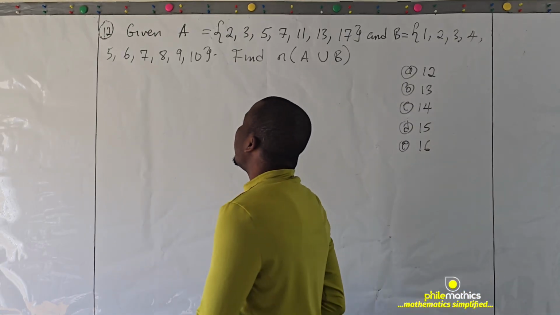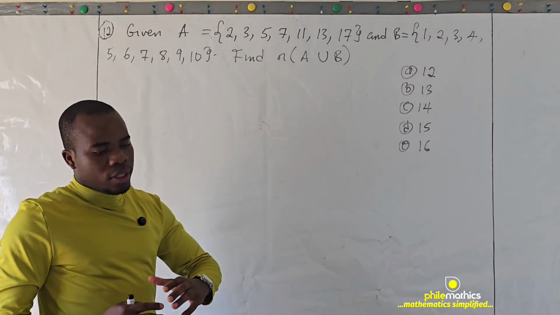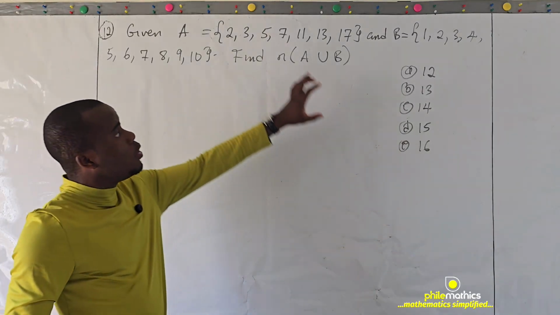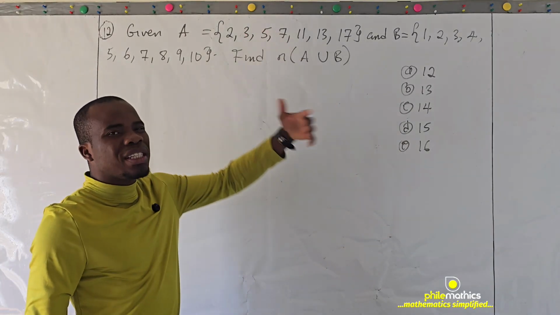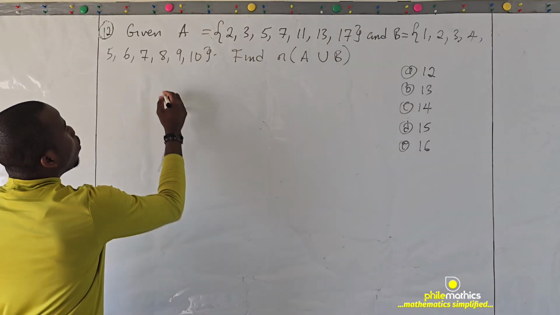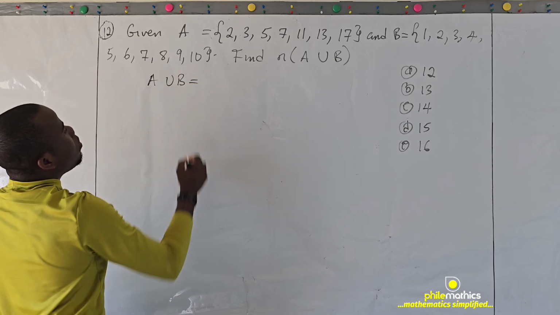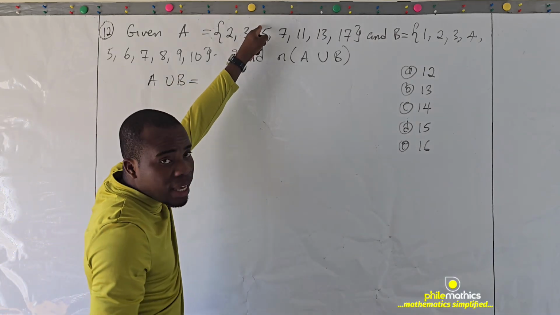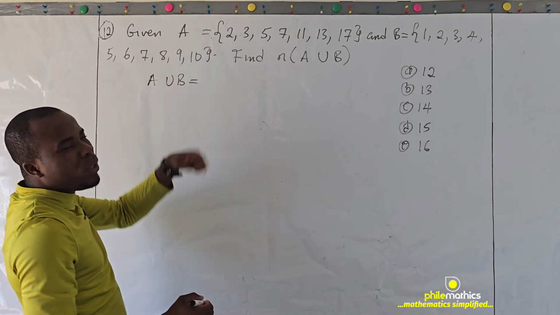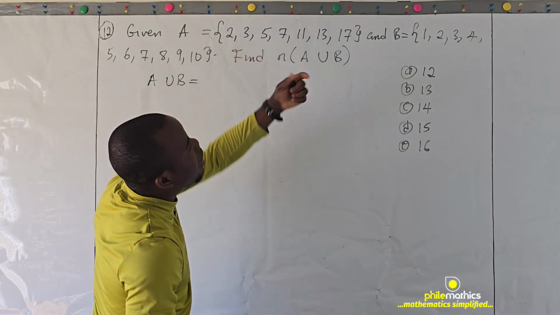Remember what union is. Union of two sets is the collection of the elements of the two sets without repetition. And so A union B is simply listing out what you see here with what you see here without repeating any of them, because some of them are in both, like 2, 3 are in both.